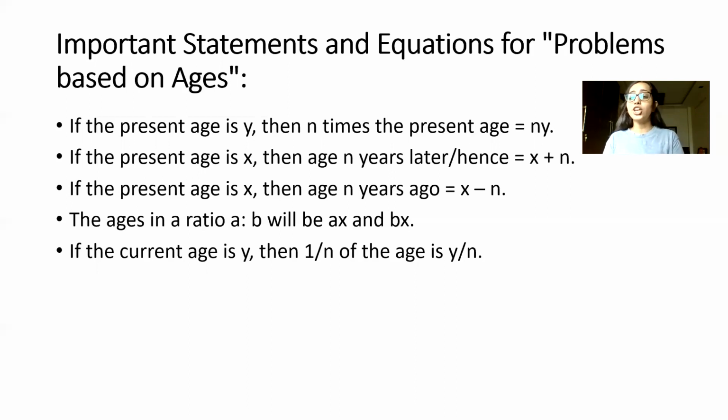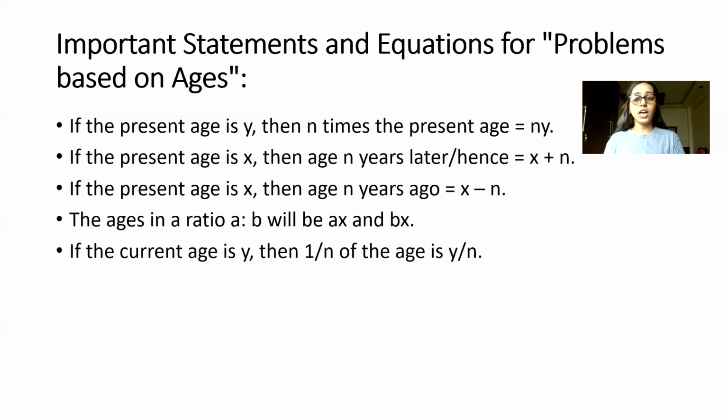If the age is given in ratio format, there can be cases where person A and person B are in the ratio 5:10. You take that ratio into consideration and say person A is 5x and person B is 10x.